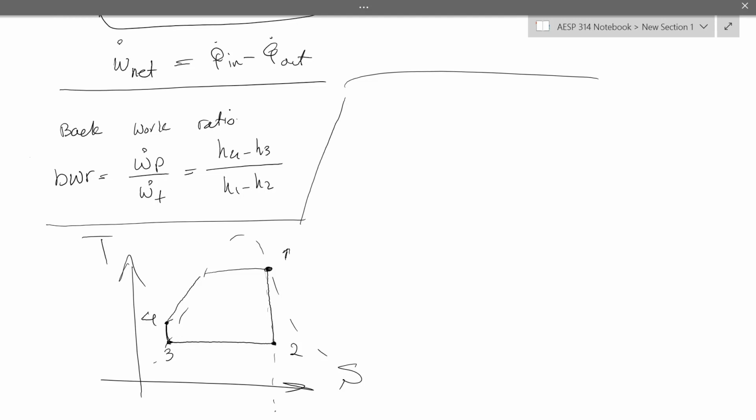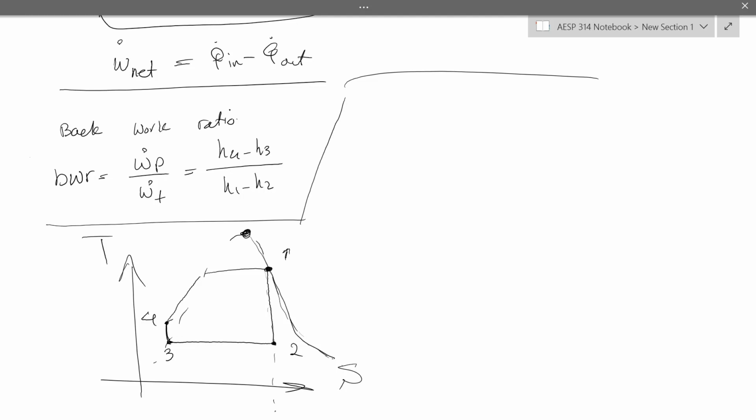So vapor quality is essentially the amount of vapor present in your saturated system, right? So here, this is the critical point. If you recall, we talked about this a little bit. On this side of it, we have saturated vapor, which means that the vapor quality is 1 because everything you have is only vapor.